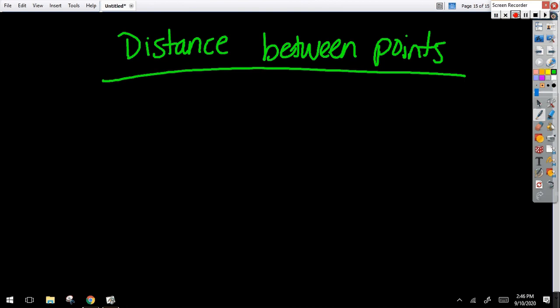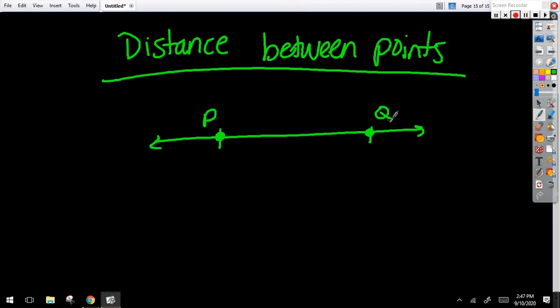And as you know, if I've got a line, and let's say this is point P and this is point Q, so I'm talking about line segment PQ, okay, this distance in between.